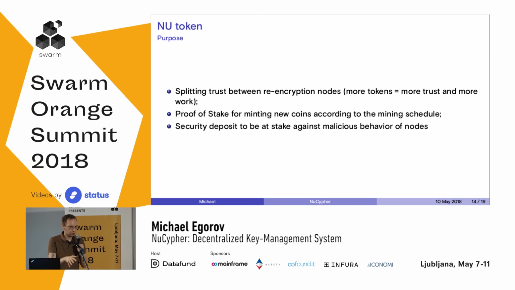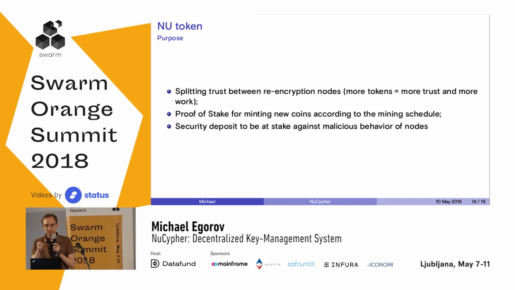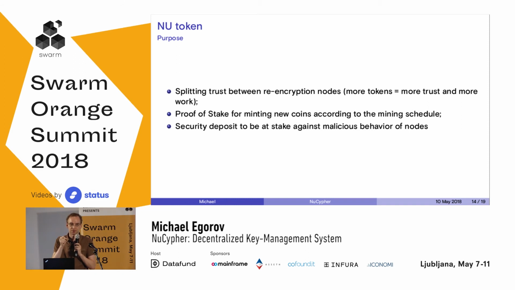Also, when you stake tokens and produce work, this also produces new coins according to an inflation schedule, and the node gets slashed if it's caught in misbehavior. That's why we needed to include these proofs of misbehavior into the proxy re-encryption algorithm.